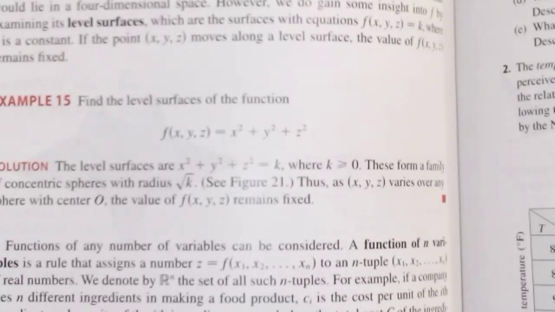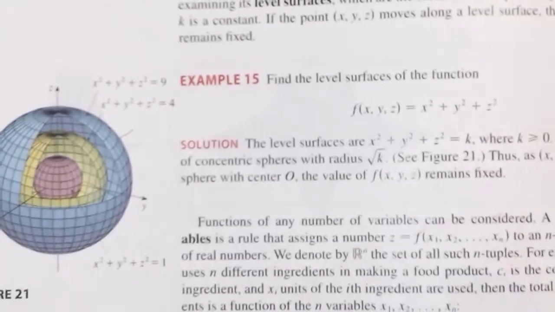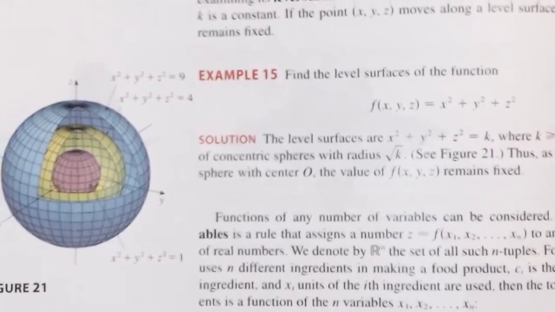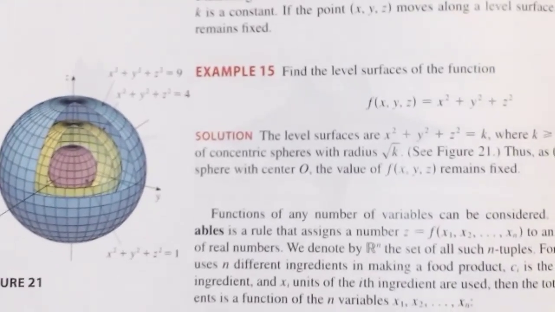It's just x squared and y squared and z squared, so that's actually a sphere, isn't it? So I could actually say what I've got is different physical spheres for different values of k. The red one in the middle is when k equals 1. The yellow one that's further out is when k equals 4. The blue one that's further out is when k equals 9.